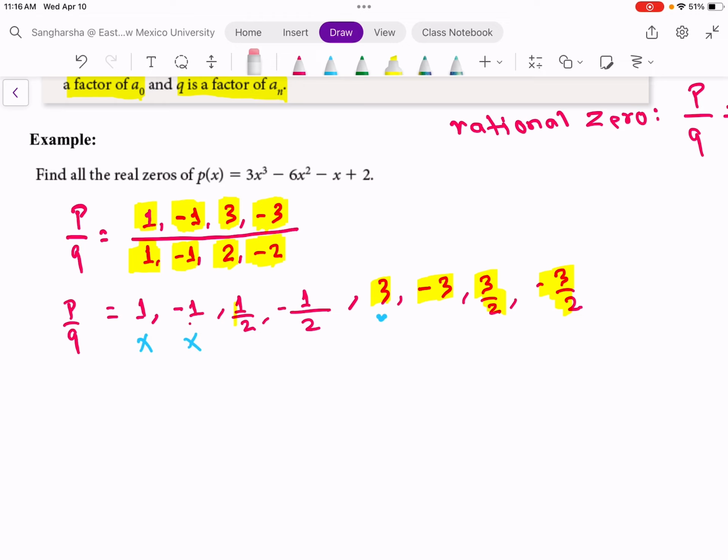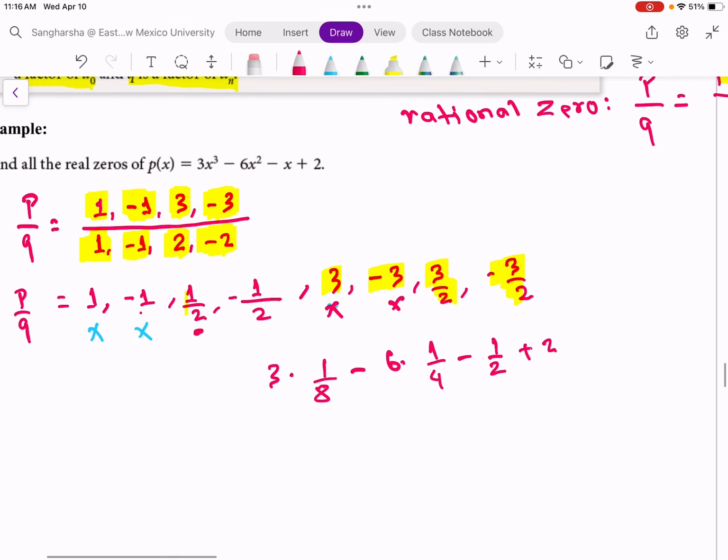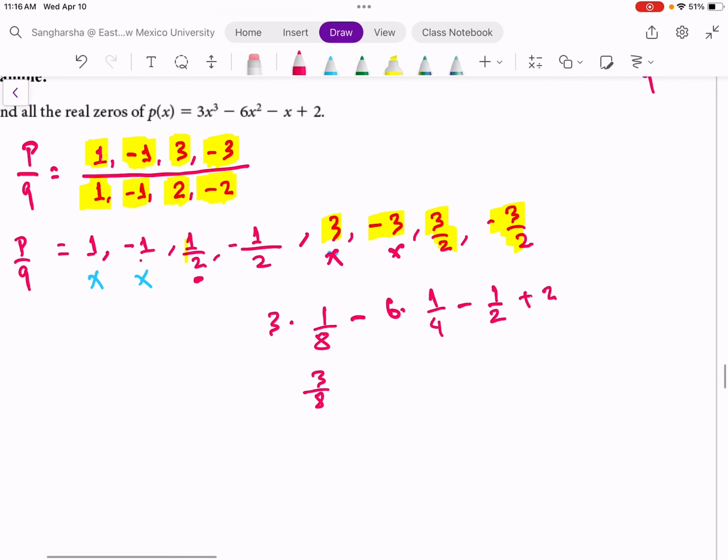Okay, let's go with 1/2. Let's use 1/2 for every x. So we have 3 times 1/2 cubed, that is 1/8, minus 6 times 1/2 squared, that is 1/4, minus 1/2 plus 2. Okay, so here we have 3/8 minus 6/4 minus 1/2 plus 2. 8 is the common denominator, right?